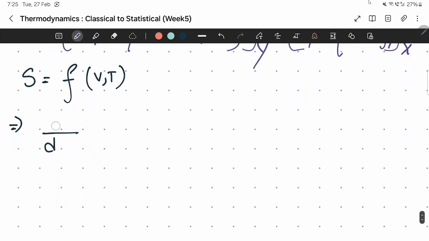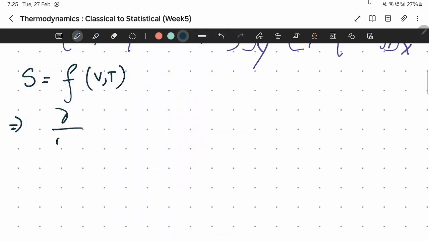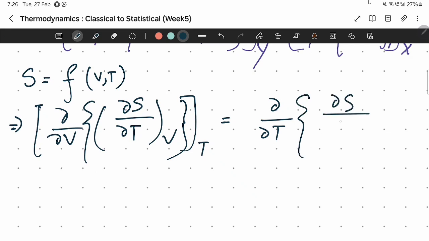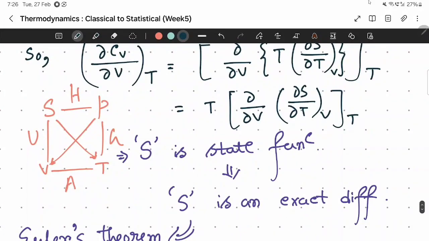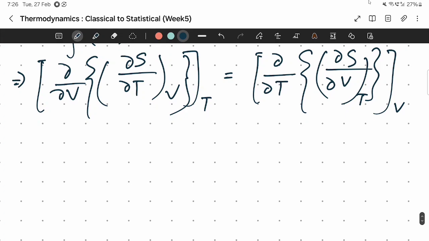Okay, so we can write it now. Similarly, del/del V of del S/del T at constant V, now temperature, equals del/del T of del S/del V at T. So we can safely use this relation.